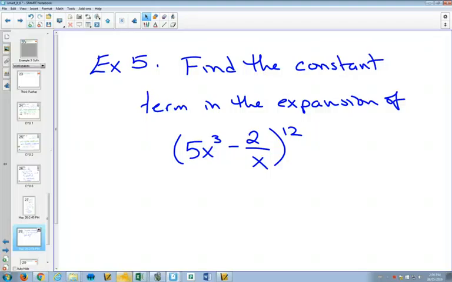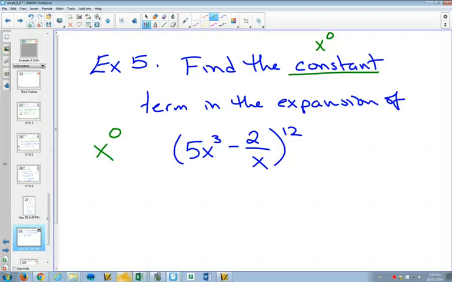A constant has no variable. Now, if a constant has no variable, the exponent of x would be to the 0. So sometimes you'll see the question say, find the constant term. Sometimes it'll say find the term containing x to the 0. Because if you have x to the 0, that's equal to 1, and then you'll have a constant term. But a constant term is something without variables.